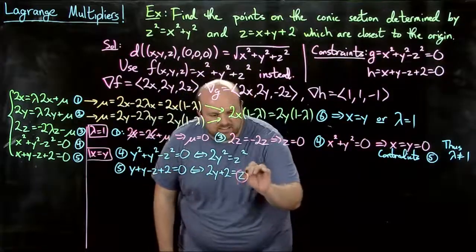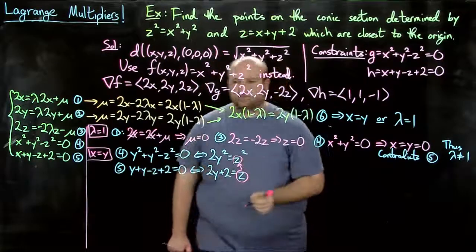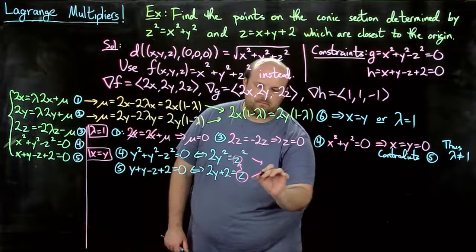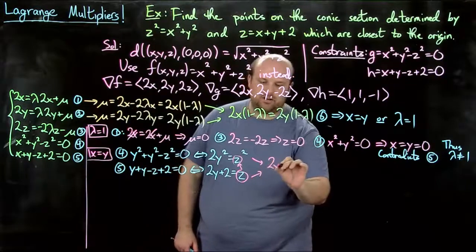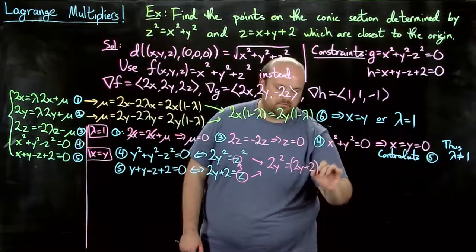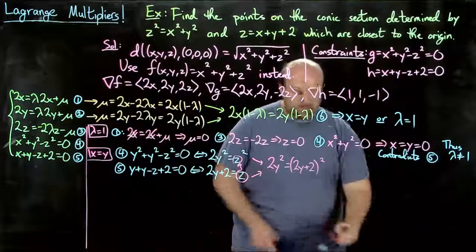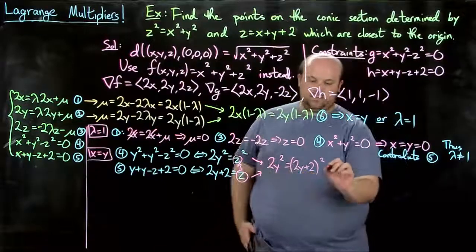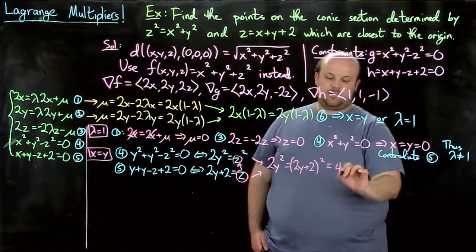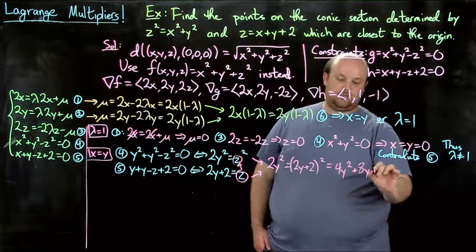Well, of course, we take this z and plug it into that z. So these two together tell us that 2y squared is (2y plus 2) squared. If we work out this side, this is 4y squared plus 8y plus 4.